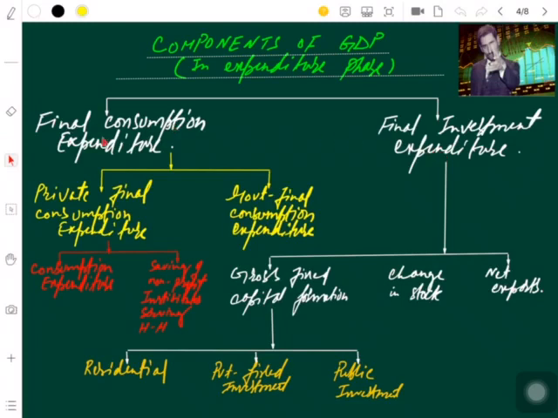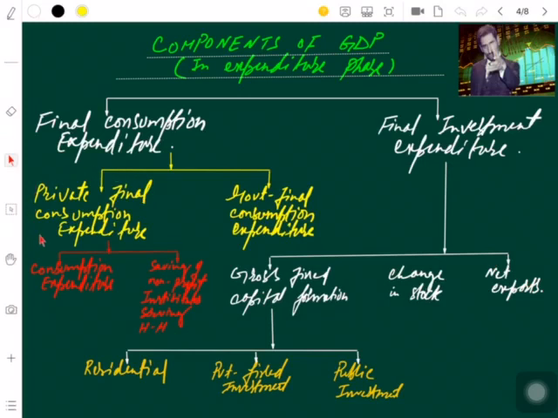The final consumption expenditure, which is also the C part of that equation, gets divided into private final consumption expenditure, government final consumption expenditure. And this final investment expenditure will be in three forms: gross final capital formation, change in stock, and net exports.